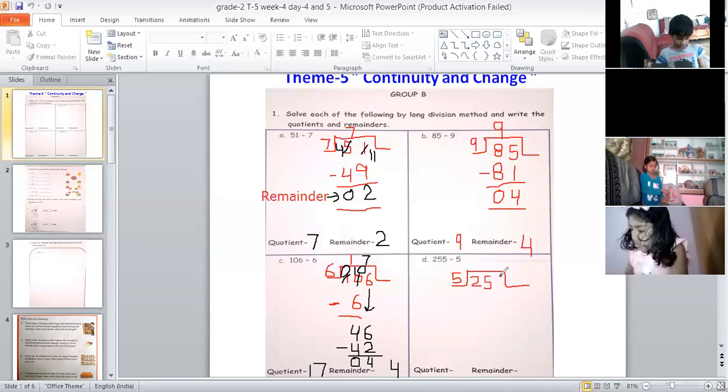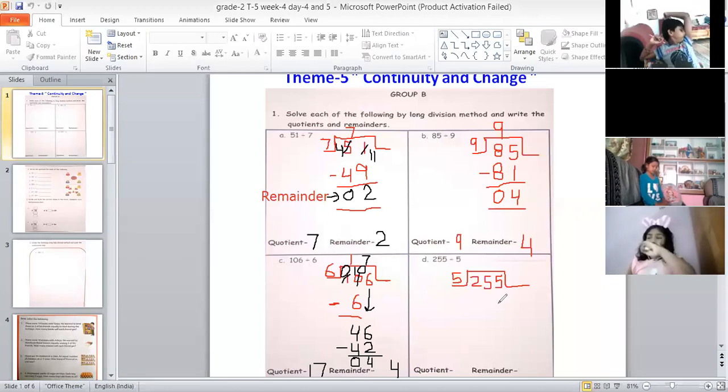Okay, that's correct. Now Kushal, tell me, will we take 2 only, or will we take 2 and 5 together? 2 and 5, ma'am. Why are we not taking only 2?